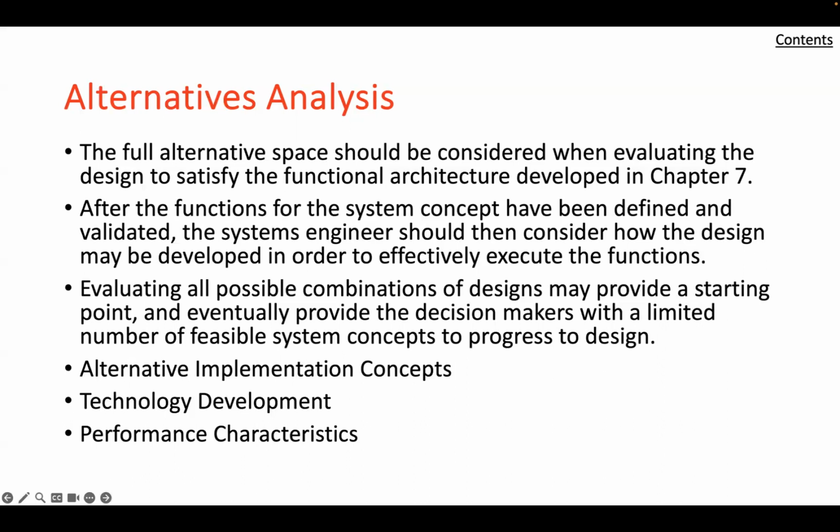Schedule constraints may also limit the systems engineer to select portions of the design that will be compatible with the desired overall system schedule, even if this may be a suboptimal system in totality.